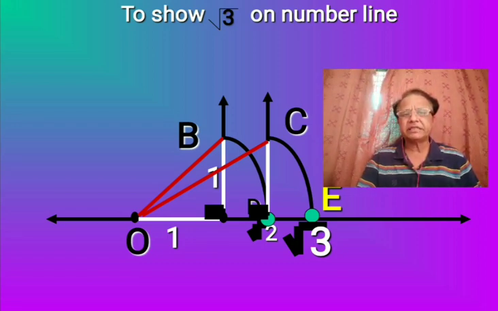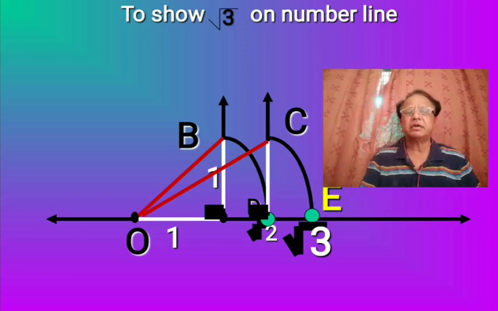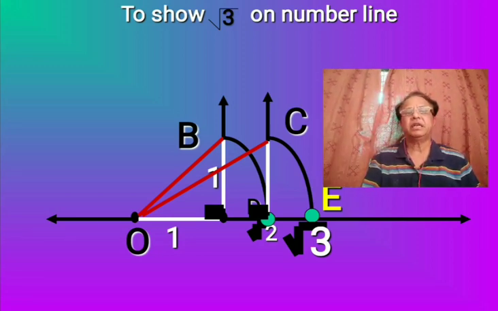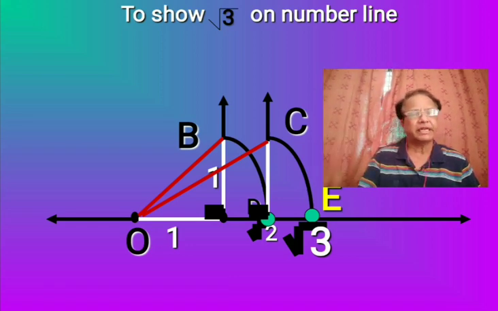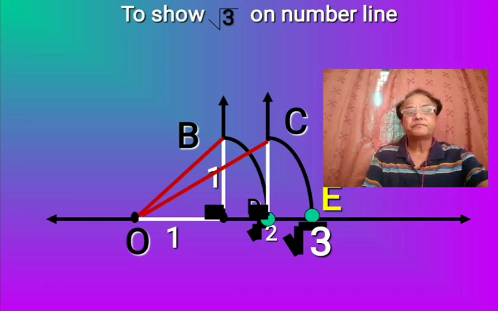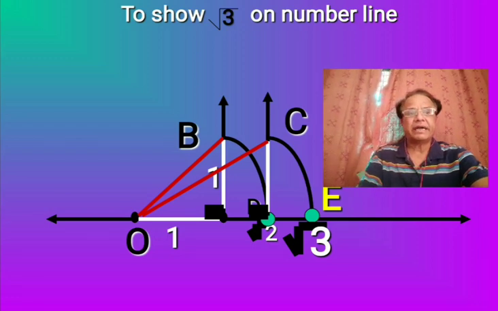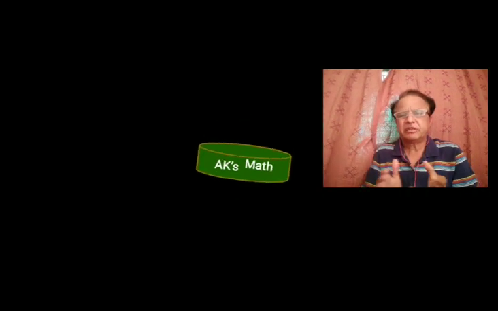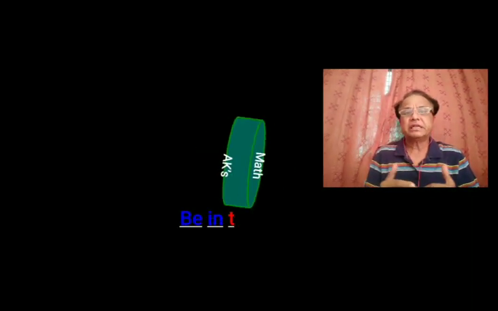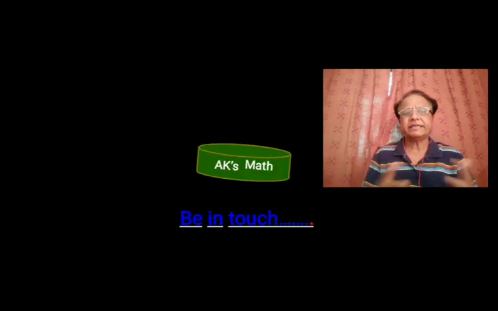But in my next video, at first we will learn what an irrational number actually is and what operations we can do on irrational numbers, how to identify them, how to do additions, how to do squares related to irrational numbers, the total detailed study related to irrational numbers, that we will learn in my next video.